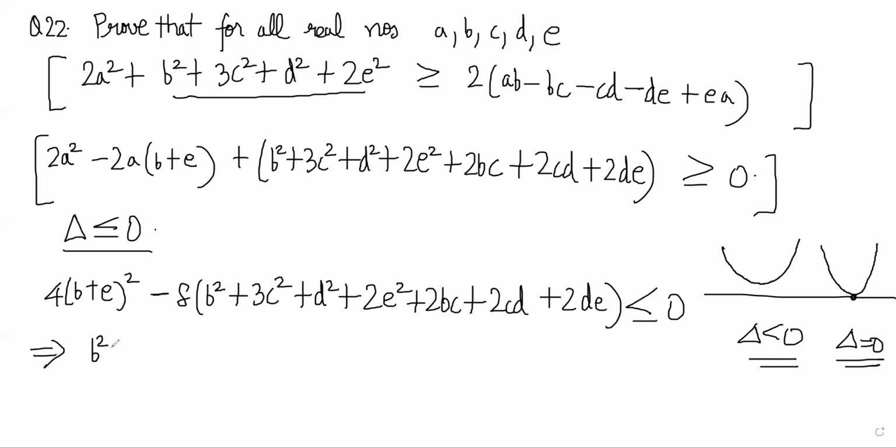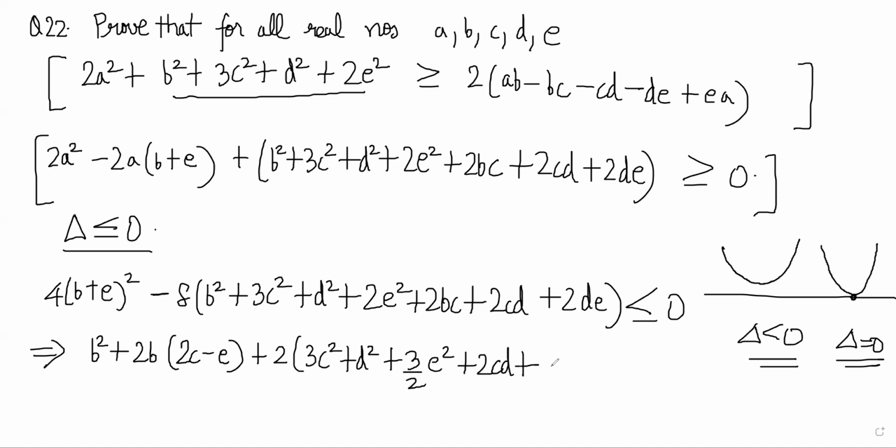You will get b squared plus 2b(2c minus e) plus twice of (3c square plus d square plus 3 by 2 e square plus 2cd plus 2de) is greater than or equal to 0. So what have I done here? I have simplified my discriminant, brought it in terms of a quadratic in b.